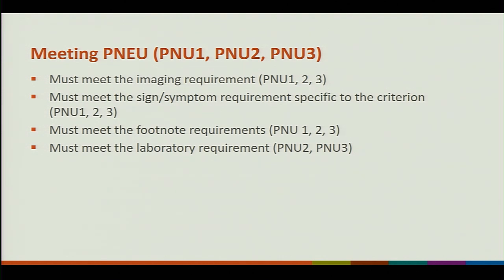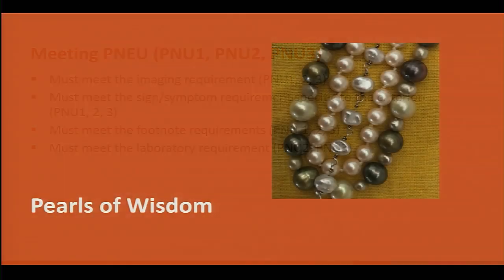And this is a very important part, and I will stress this as we continue on today. You need to meet the footnote requirements. So I'll point some of those out to you. And when you're meeting PNEU2 and PNEU3, this is where you'll find the use of a laboratory culture result or a non-culture-based testing result, where identification of a pathogen can help you meet the pneumonia definition.